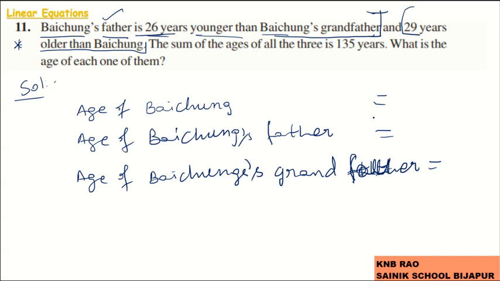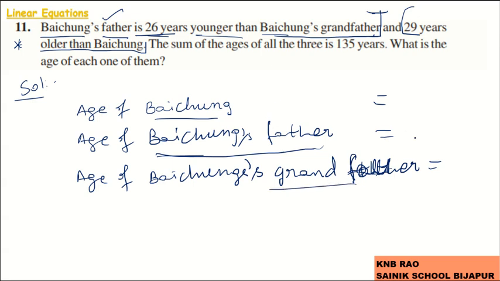Now, if you read the sentence here, Baichung's grandfather's age is compared to Baichung's father's age, and Baichung's age is also compared to Baichung's father's. So, Baichung's father's age and Baichung's are interconnected, and Baichung's father's age is compared to grandfather's age.